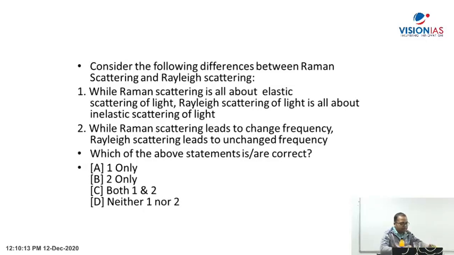Okay, I am reading if response is there. Very easy question. While Raman scattering is all about elastic scattering of light, Rayleigh scattering is all about inelastic scattering of light.